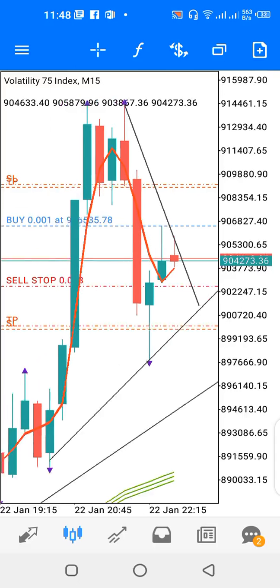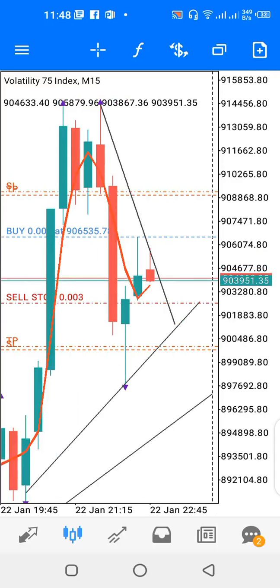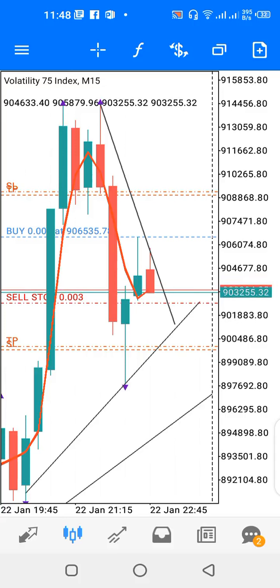So this strategy, the Grail Hedge strategy, is a very good strategy. You can always use it to win when trading Volatility 75 Index. You can use it on Step Index. It's just that the settings, the spacing will be a lot different. The lot size will be a lot different.